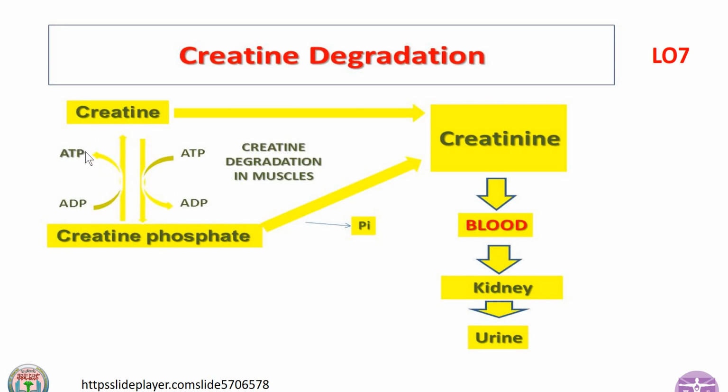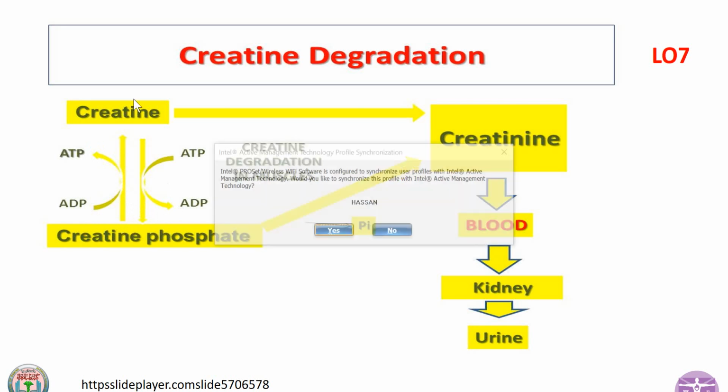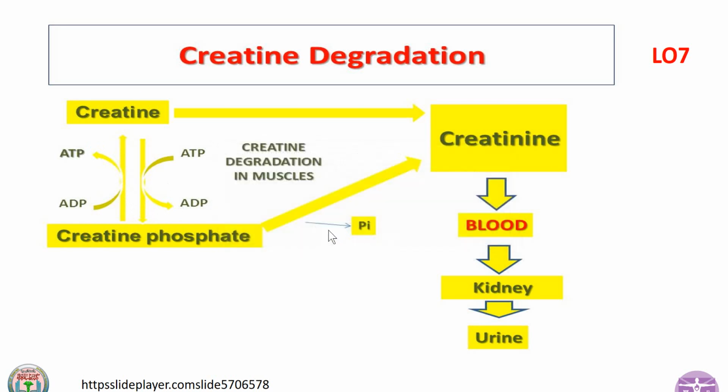Sorry, in this process, creatine is converted to creatine phosphate and the ATP is converted to ADP. When the muscle needs a source of energy, creatine phosphate will convert to creatine, and there is release of ATP.